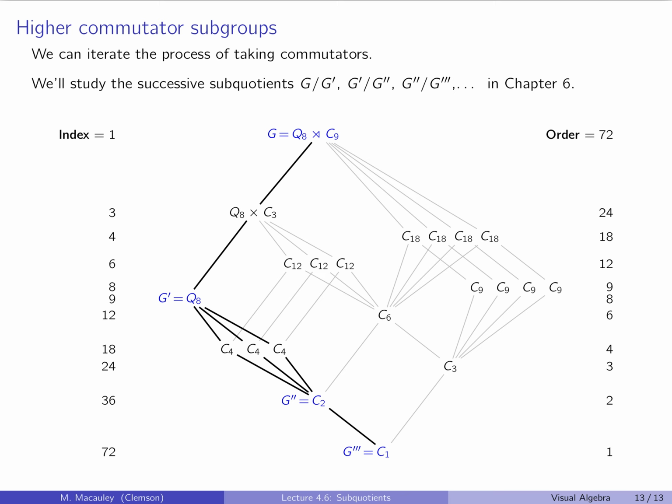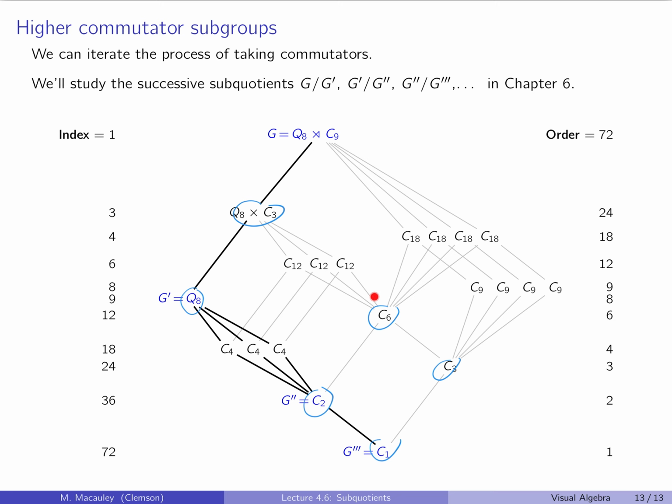This is a group that we saw in the beginning of the lecture, the semi-direct product of Q8 and C9. So in Chapter 6, we will start up here and say, okay, what happens when you take the commutator subgroup? And you look down here. Well, let me circle the normal subgroups. So all of these things are normal. And this mod that, well, ooh, do you recognize that?